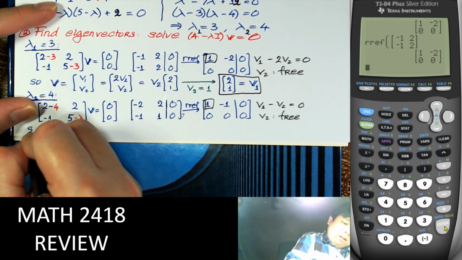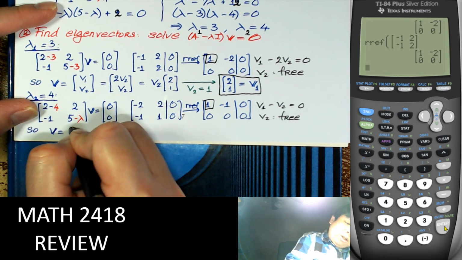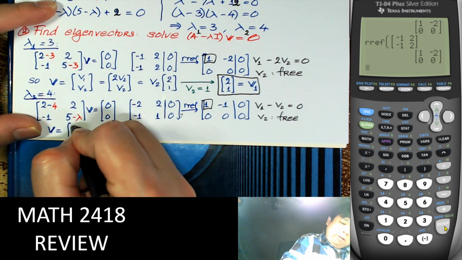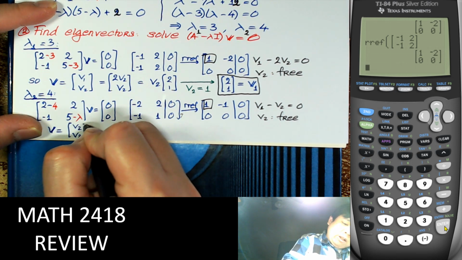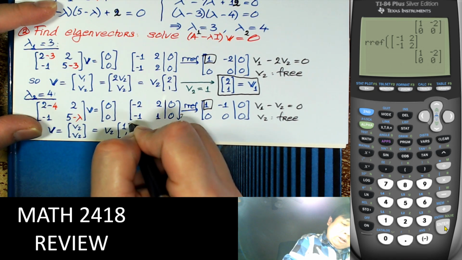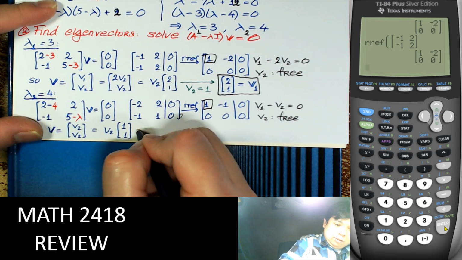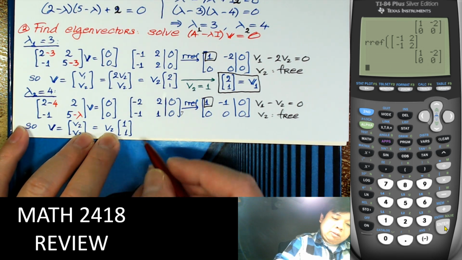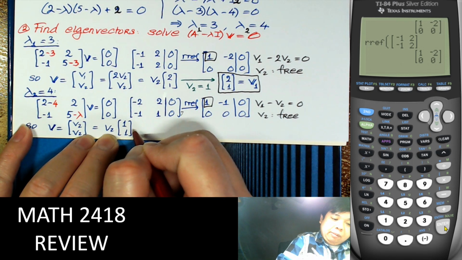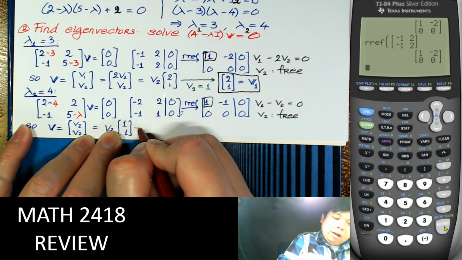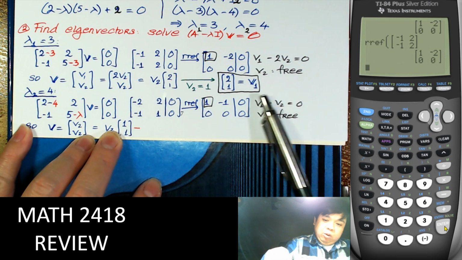So for that, we have v equal to v2, and v2 is free, so just have v2 times 1 and 1. Yeah, v1 is v2.